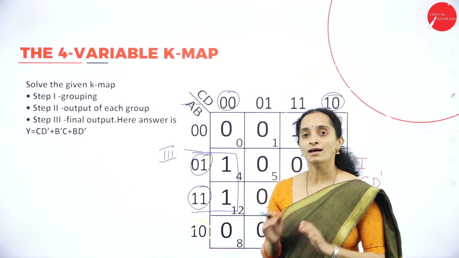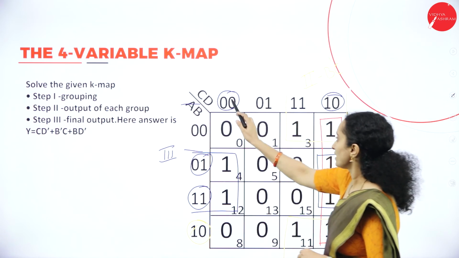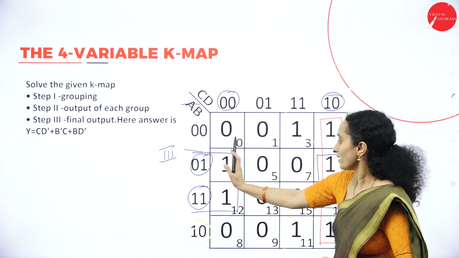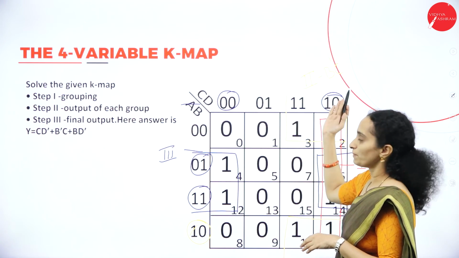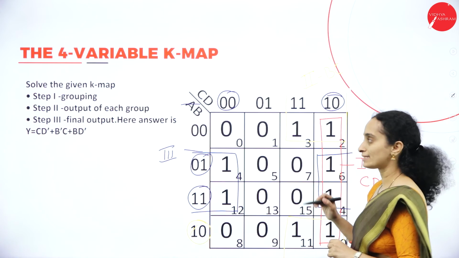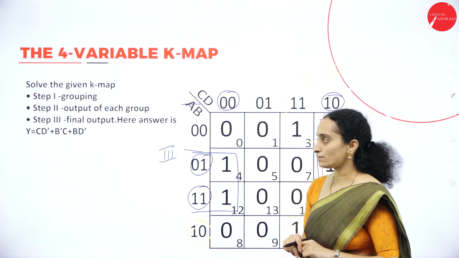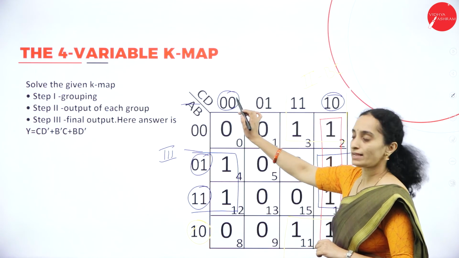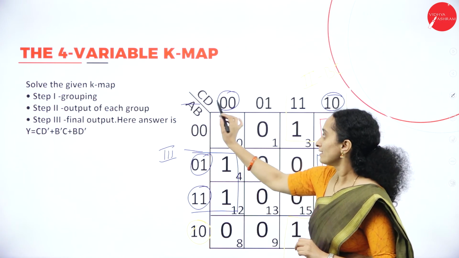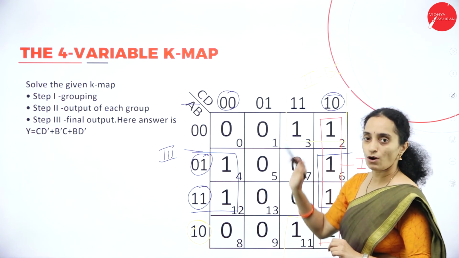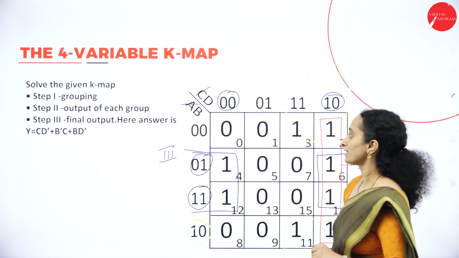It is remaining in the non-complement form only. It will be considered. When you wrap, these will become adjacent cells. So, you have to consider these two combinations of 0 and 1. When you check with the variable C, C is changing the state, complement and non-complement form. What must be done? C must be ignored or cancelled.